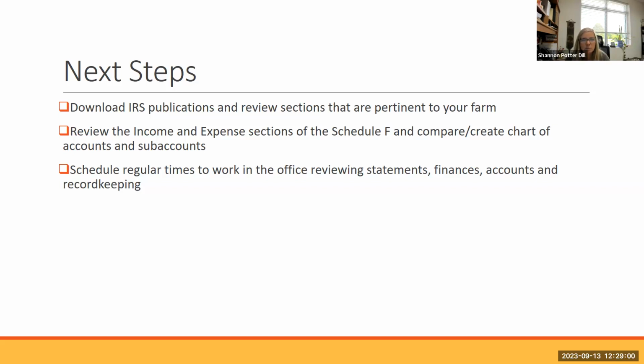And then I would really go back, either if you haven't done so or you have a chart of accounts already, and look over the accounts and sub accounts and make sure that they're working best for you. 1, for ease of record keeping, but also 2, for decision making for your farm. And then 3 is schedule regular times to work in the office, reviewing statements, finances, accounts, and record keeping.